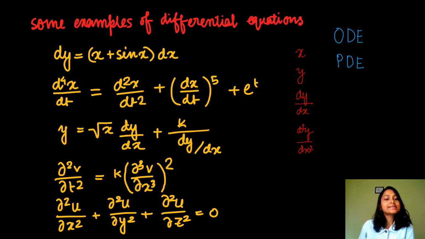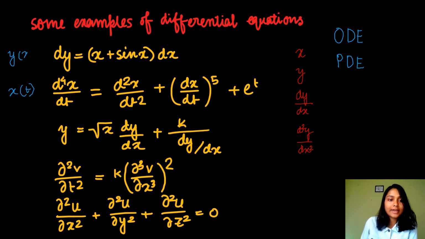Here we can see that the first three equations involve normal differentiation, as y depends only on x. This is a function of one variable, and this x is also a function of one variable, like x equals x(t). This one is a function of x, where y is the dependent variable and x is the independent variable.